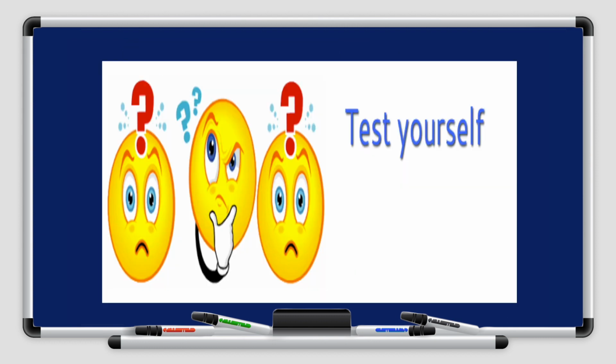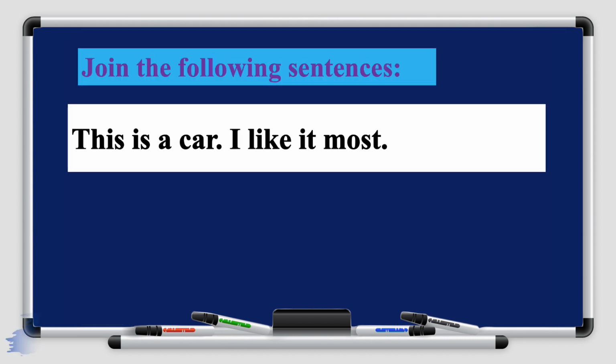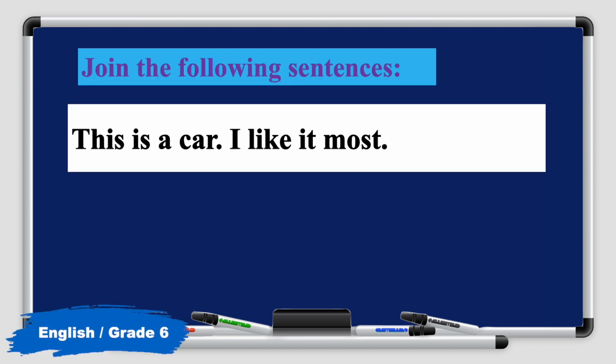Now test yourself. Join the following sentences. This is a car. Full stop. I like it most. Full stop. How are we going to connect those two sentences together? Well, we're going to use the relative pronouns. What are we going to use? We have a car. A car is a thing.